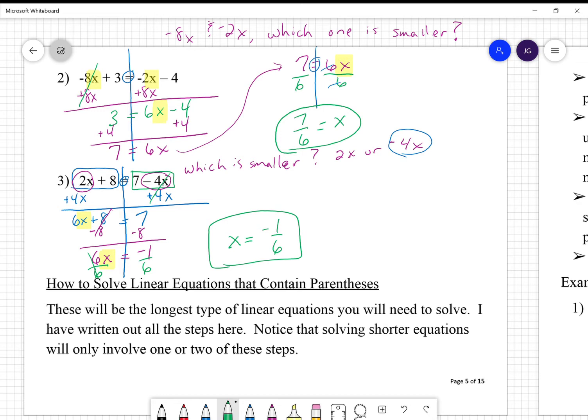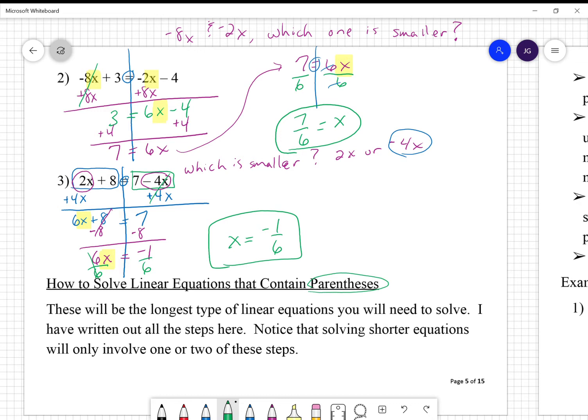Okay, another type of linear equation is one that contains parentheses. These are going to be the longest type of linear equations that you will need to solve for this class. I have written out all the steps, but don't just try to memorize a step.